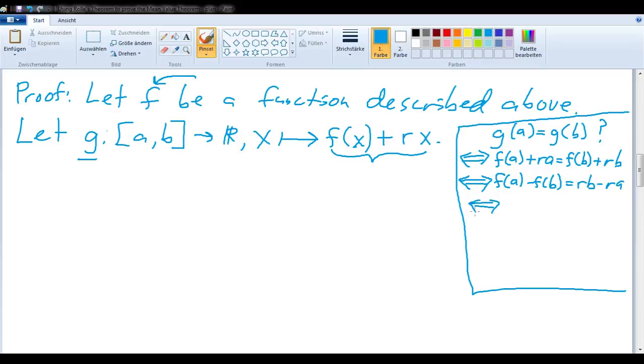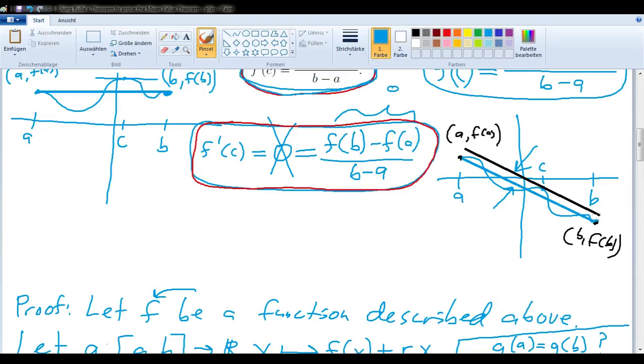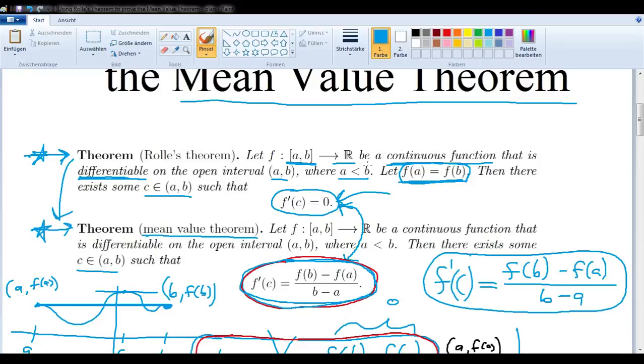Again, we could rearrange a little bit. We could factor out this r, and indeed we could now divide by b minus a. And we know that b minus a is not equal to 0 because a is less than b.